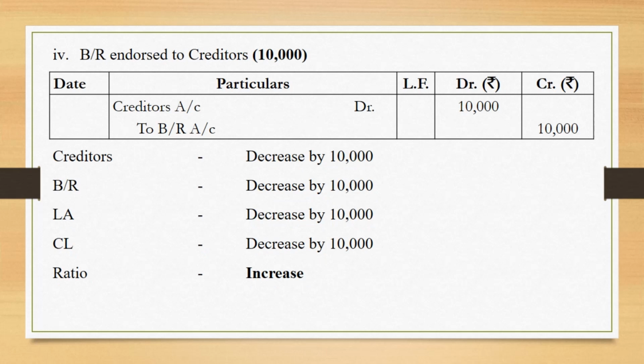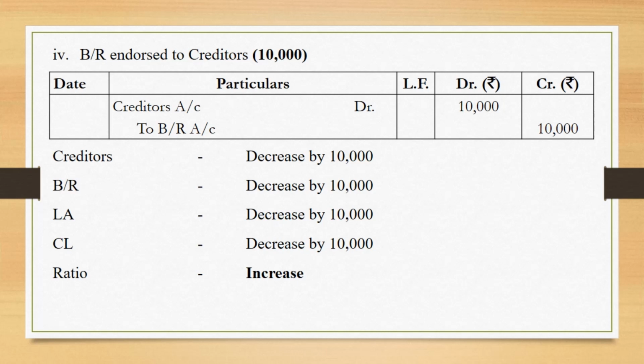Fourth transaction, bills receivable endorsed to creditors. The entry for the same is creditors account debited to bills receivable. What are the effects? When we are handing over some bills receivable to creditors, they are the receivers, so creditors decrease by 10,000. Bills receivable also decreases by 10,000.